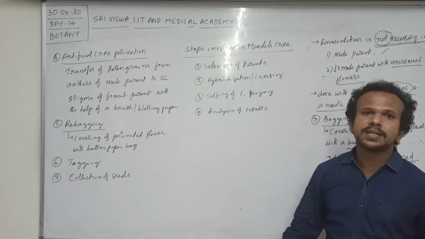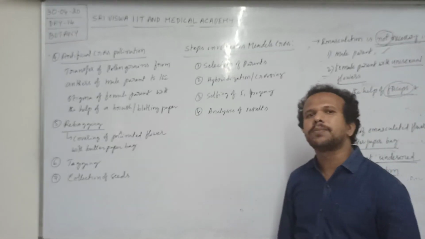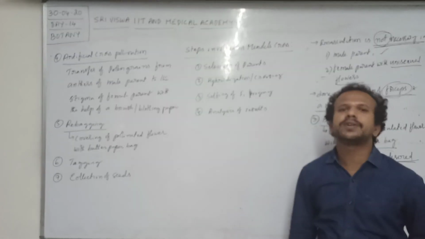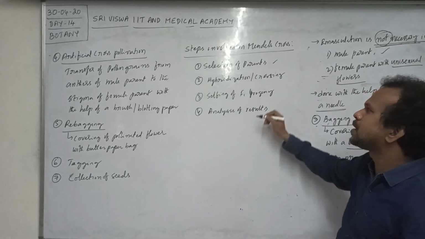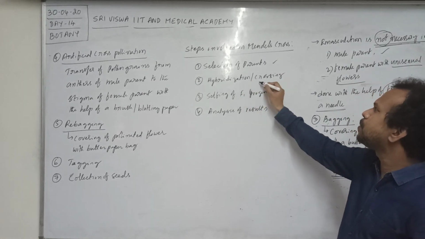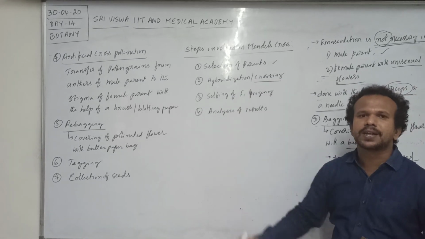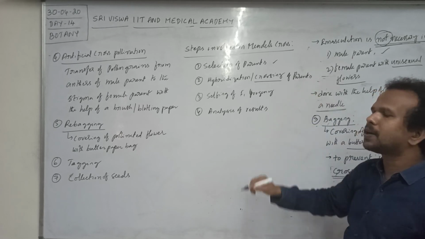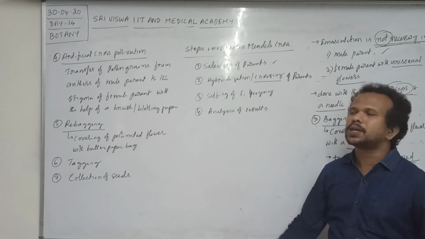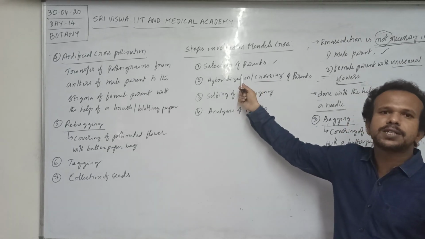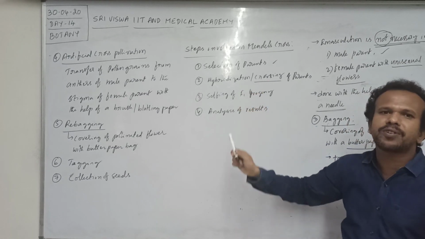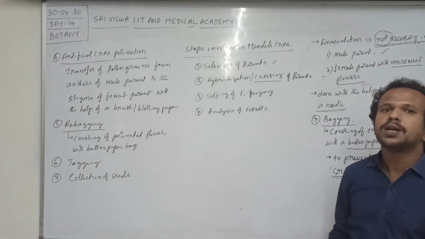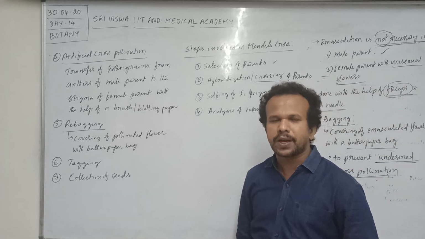In each and every experiment, maybe monohybrid, dihybrid or trihybrid cross, Mendel followed a certain sequence of steps. The first step is selection of the parents, the second step is hybridization or crossing of parents, which results in the production of the F1 progeny. The third step is selfing of the F1 progeny to produce F2 progeny.